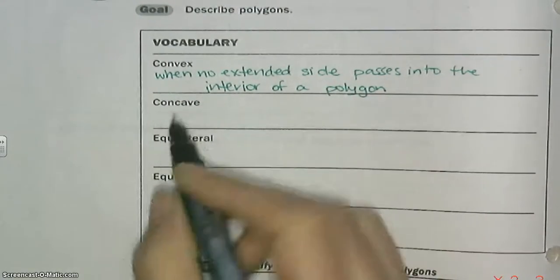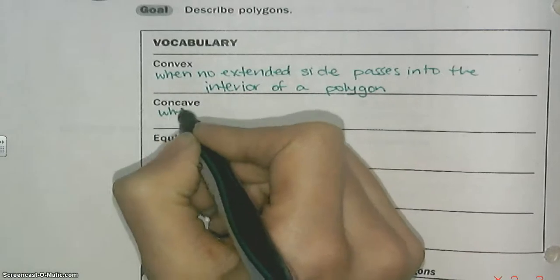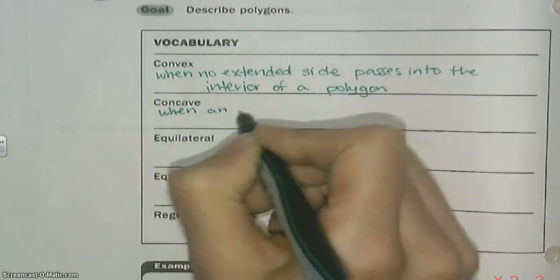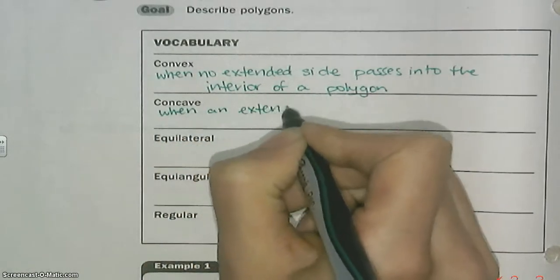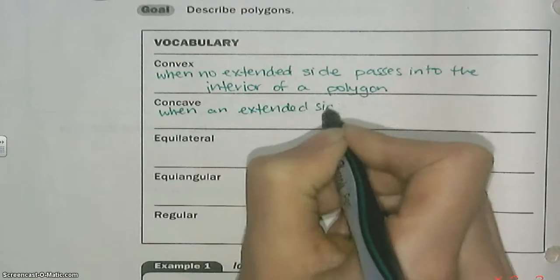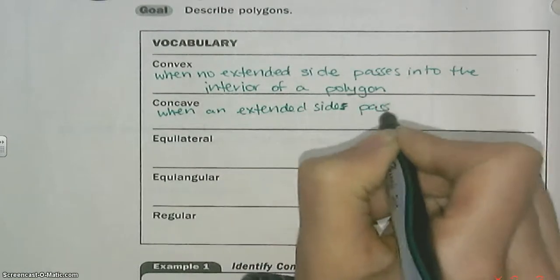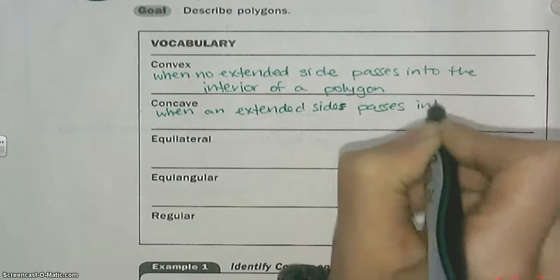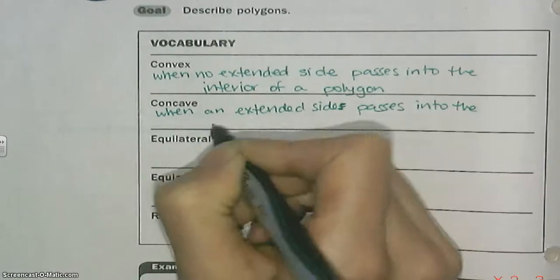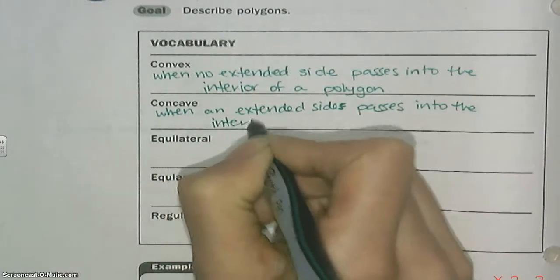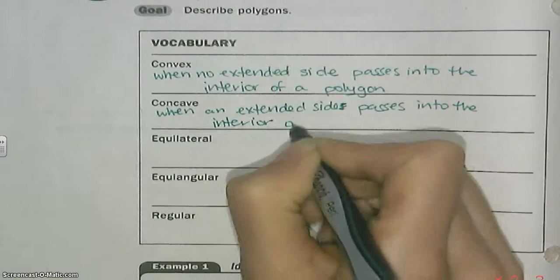Concave is the opposite, so this is when an extended side passes into the interior of a polygon.